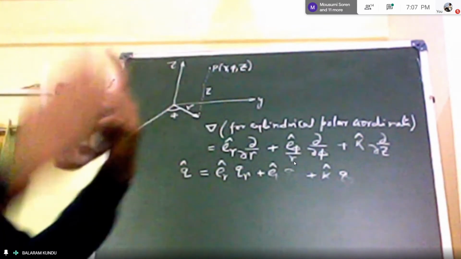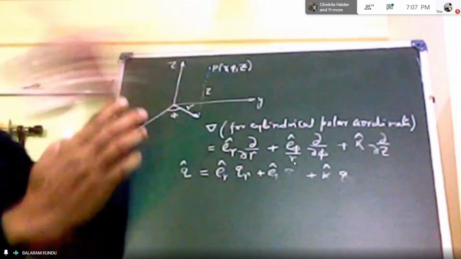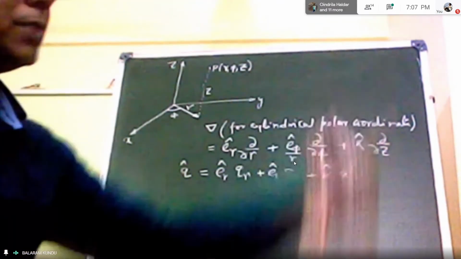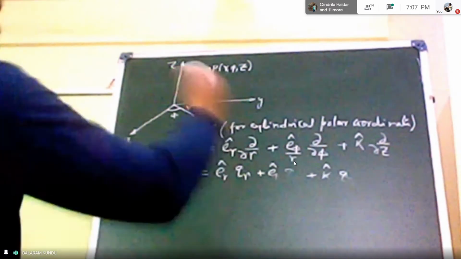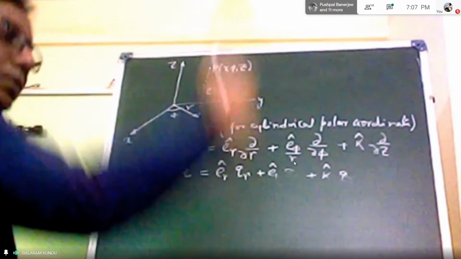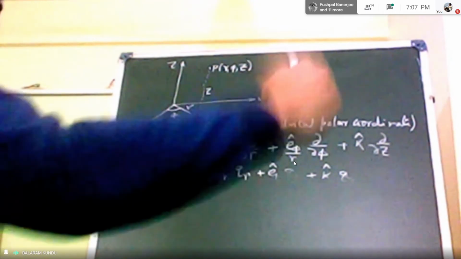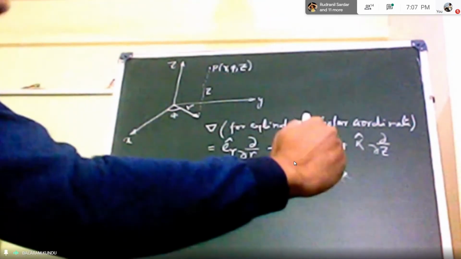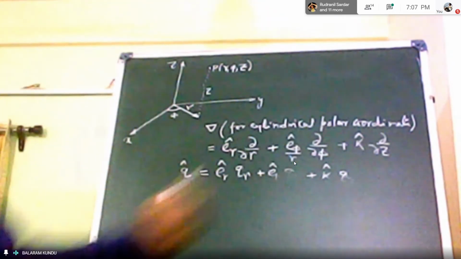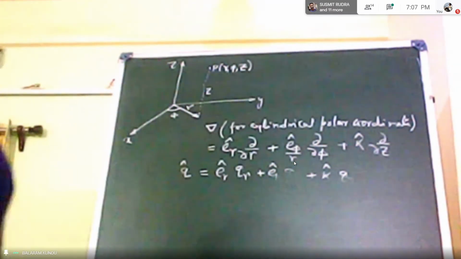If we know the nature of the unit vectors, then only can we make the dot product. So if you know the mathematical expression of the unit vectors, then we can make the dot product. Otherwise, difficulties are there.